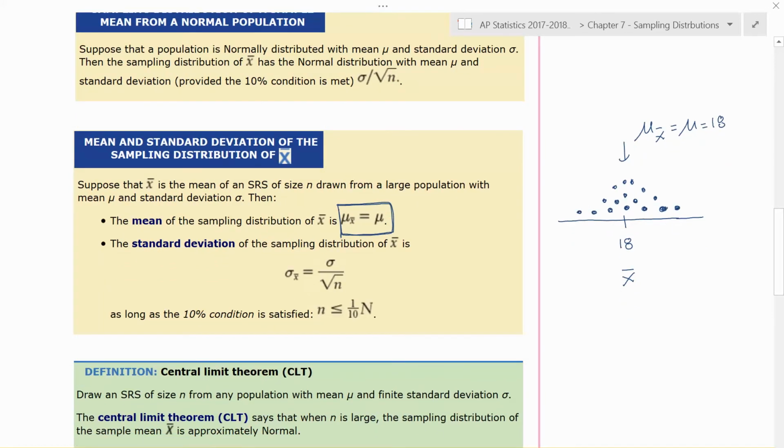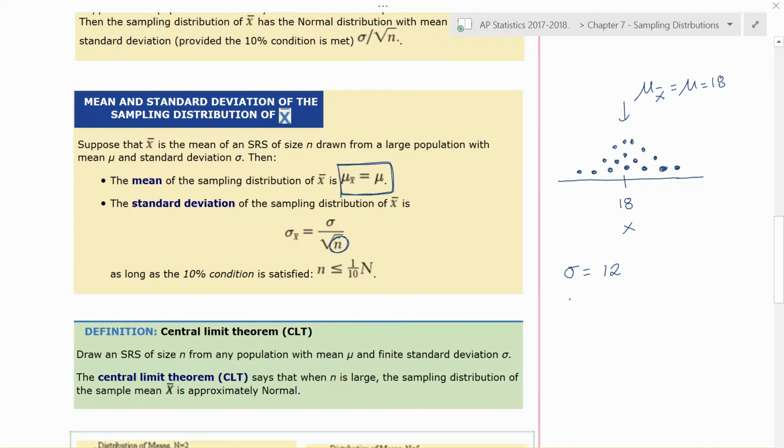And then the standard deviation tells me that, first of all, we notice that it's divided, we take the population standard deviation, divide it by the square root of the sample size. So if I'm given that the standard deviation of the individual ages of the pennies is something like 12, let's say, they vary by that much, and the sample size is, let's say, 40.